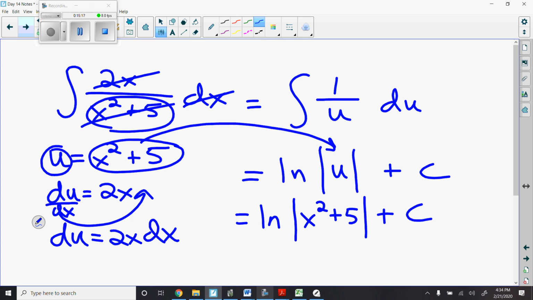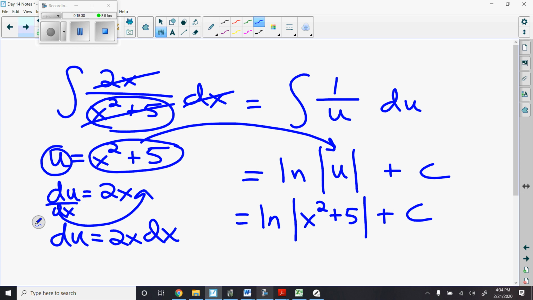Now, what about those absolute value bars? Well, I know that if I have a negative in there, it makes it positive. But think about the function x squared plus 5. Whenever I square a number, whether it's positive or negative, it's going to become 0 or higher. Plus 5 will always be a positive number.